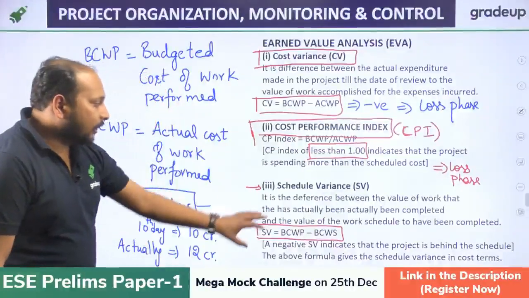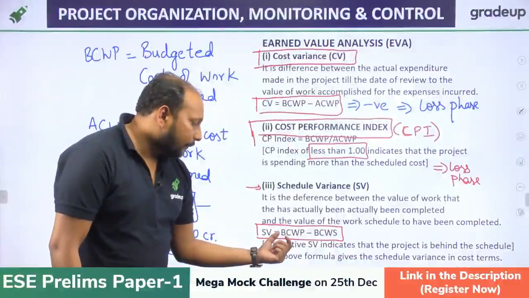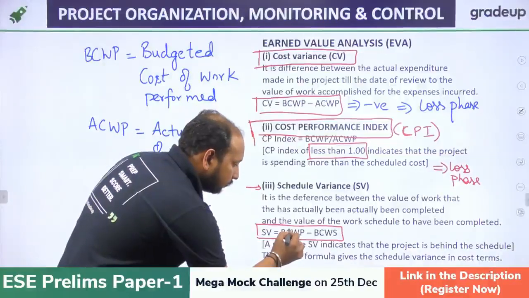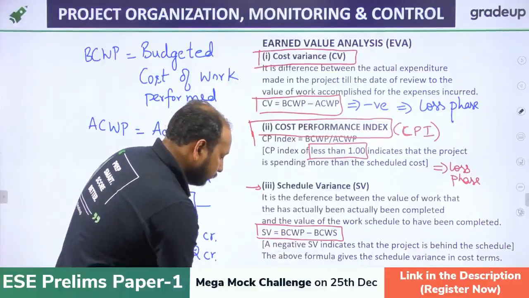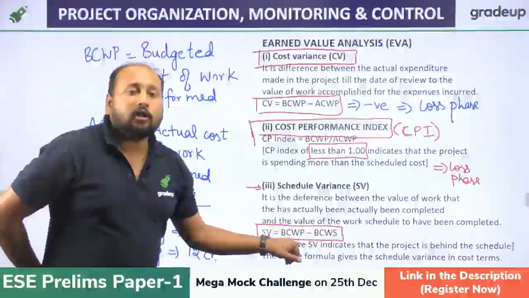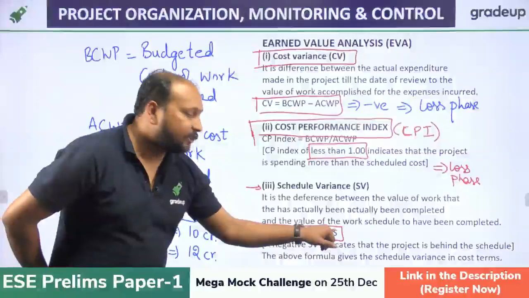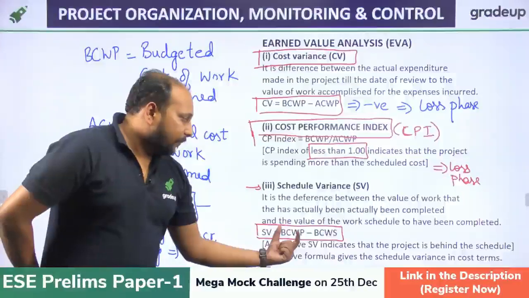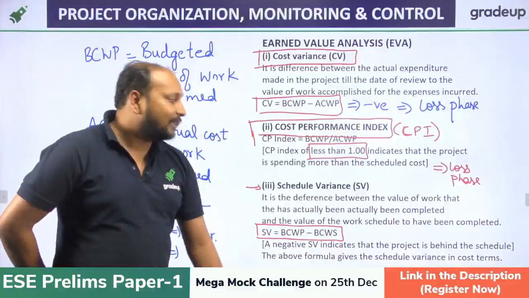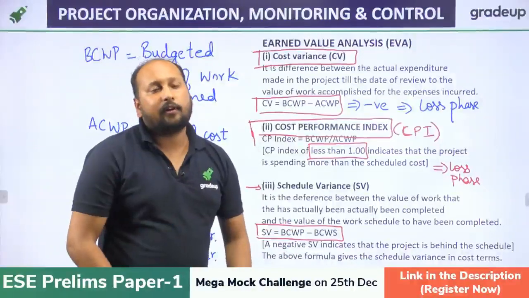Clear? This is budgeted cost of work performed minus budgeted cost of work scheduled. So by using this difference between the two, we can easily get to know whether our project is in profit or loss.